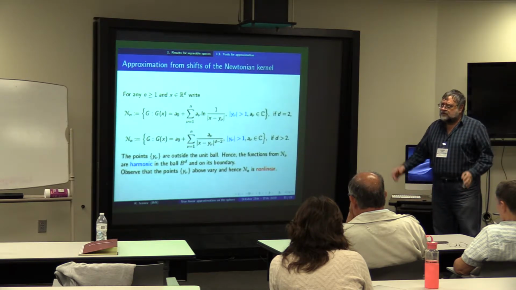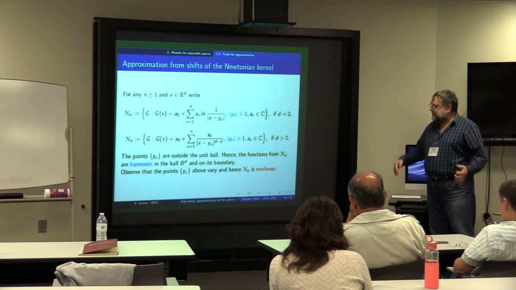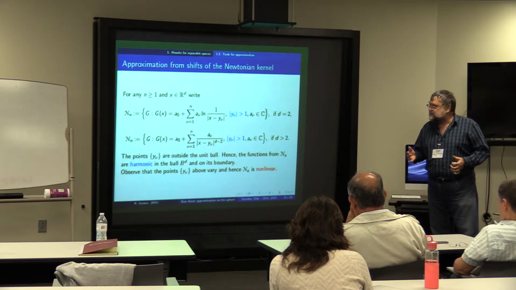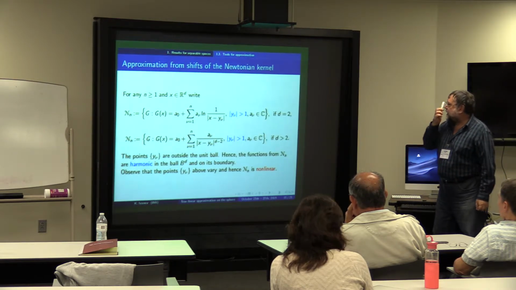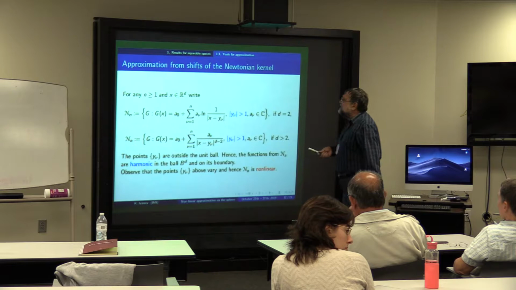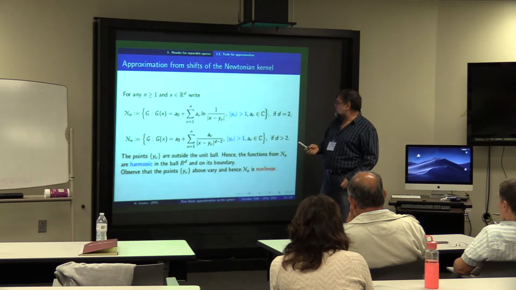Now, I have the spaces in which I'm going to approximate and the spaces which will define my smoothness. So, what am I going to approximate with? I'm going to approximate with shifts of the Newtonian kernel. What is the Newtonian kernel?